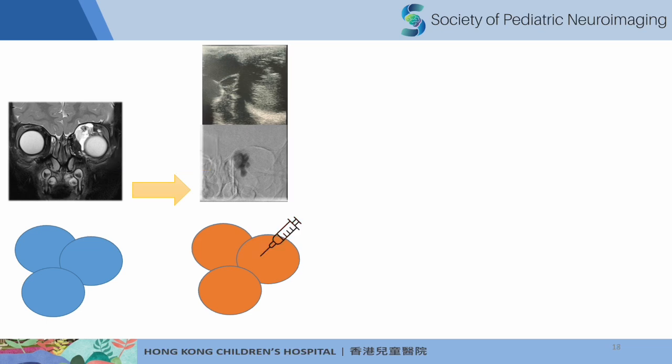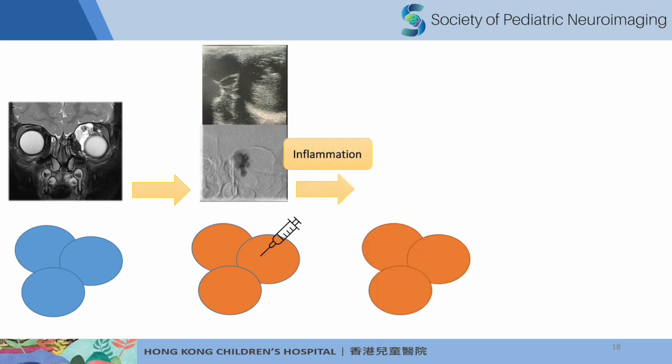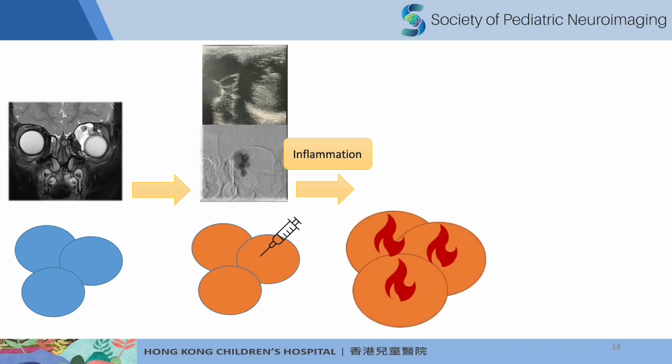And once the sclerosant is in, it would trigger an inflammatory reaction along the endothelial lining of the vascular malformation. And in fact, before the lesion gets better, it will swell up, it will get inflamed, and it would look very angry. And it's important to tell the parents that beforehand so that they have some sort of expectation management.